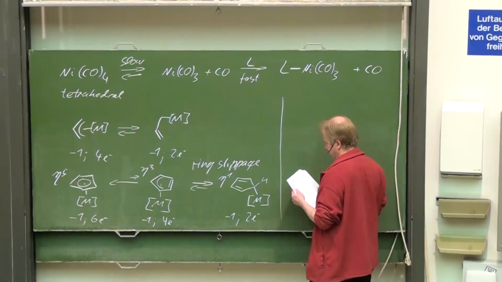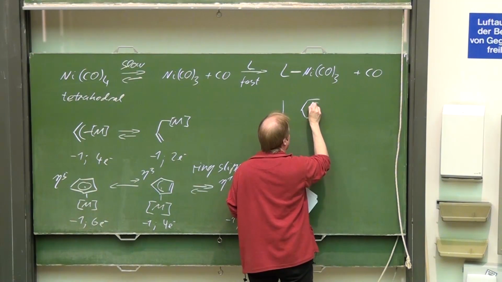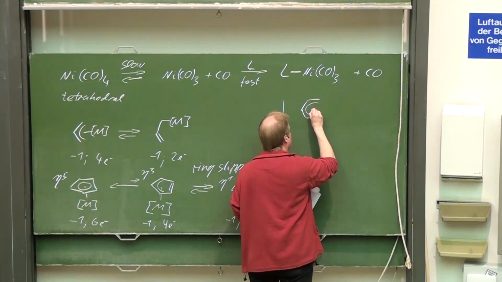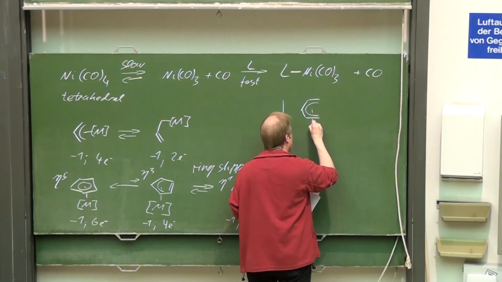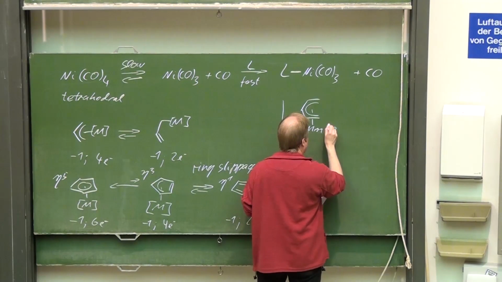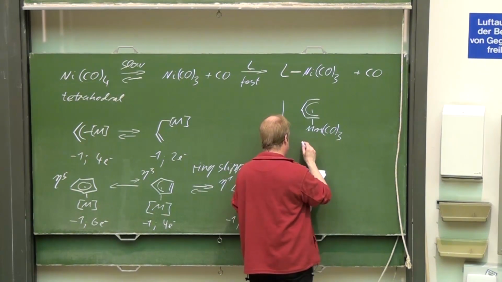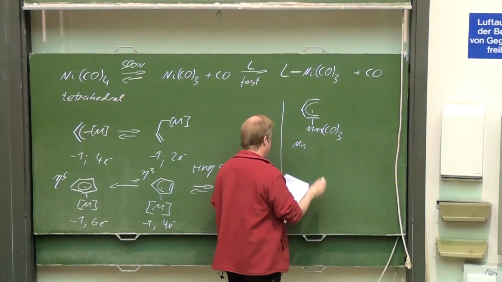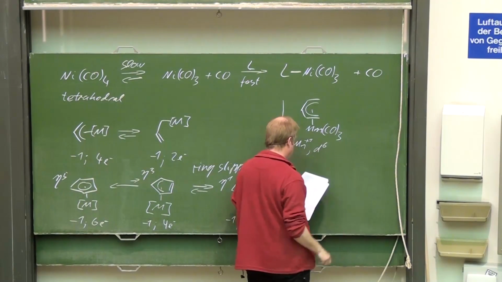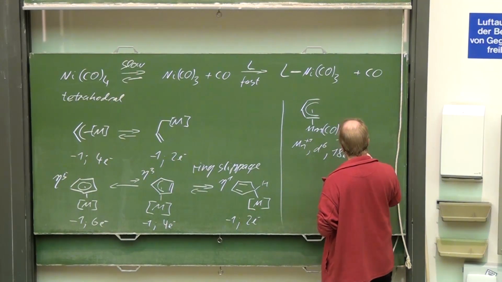Another example, not a cyclopentadienyl complex, but just a pentadienyl complex of a manganese carbonyl. So, here manganese has the oxidation state +1. It's a D6 complex, 18 electrons saturated.